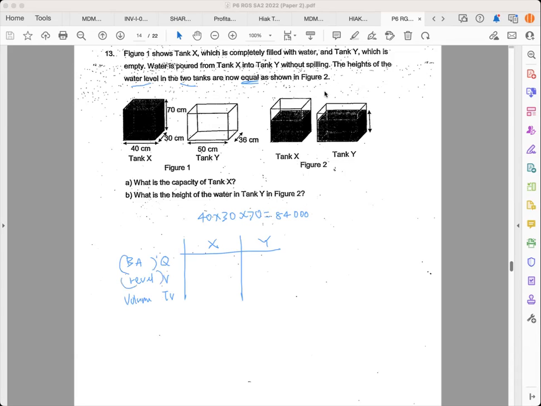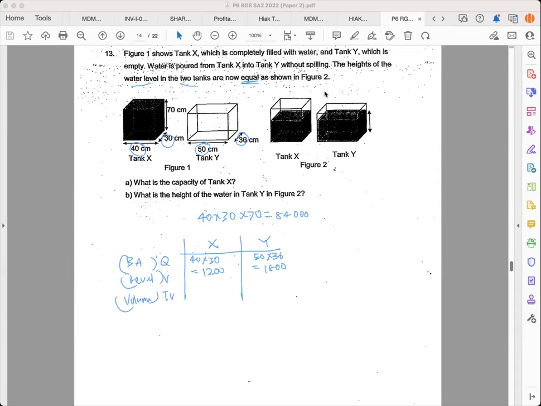So this is the quantity value table. Now the base area of X is 40 times 30, and you get 1,200. The base area of Y will be 50 times 36, you get 1,800.